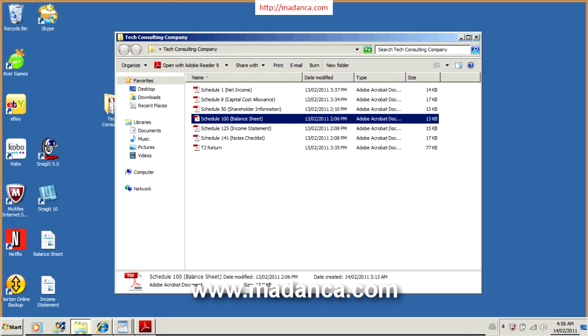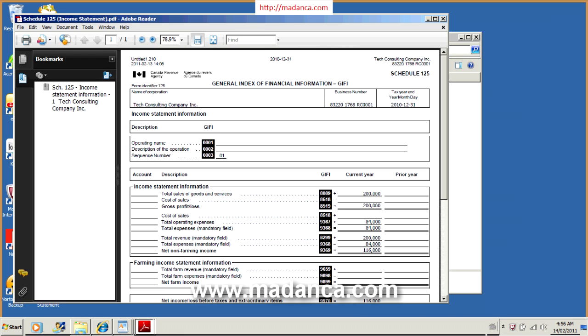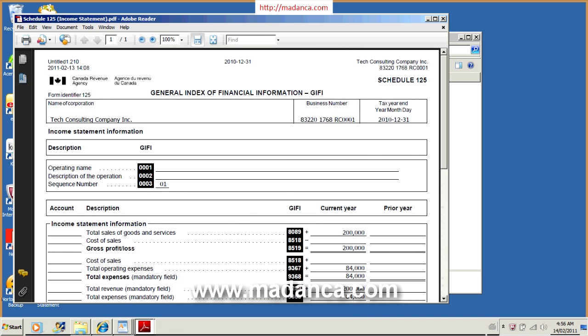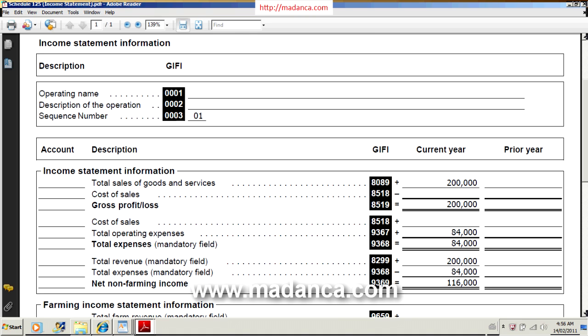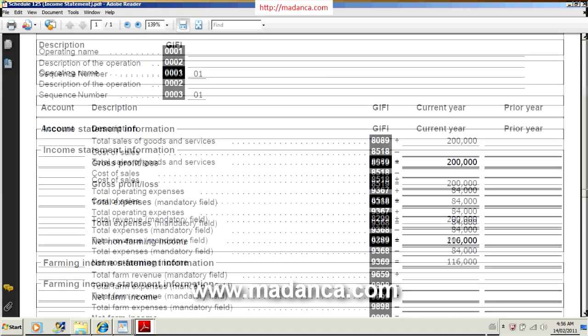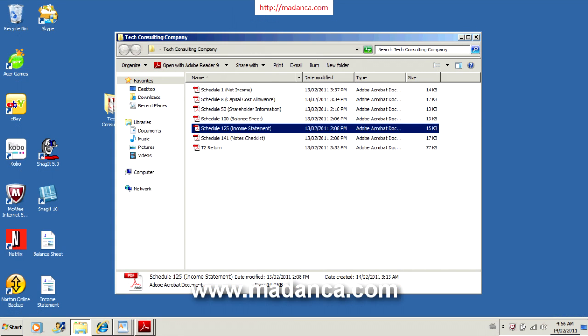The next schedule is Schedule 125, the income statement. Again, this schedule is a summarization of your company's income statement. Here we can see the sales, operating expenses, and net income for accounting on line 9970 for $116,000. Those schedules are simple to complete.